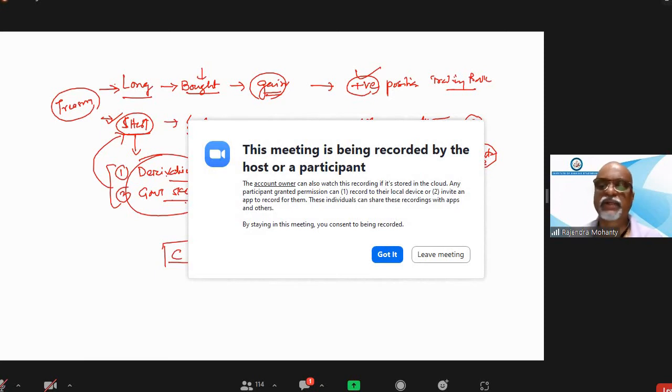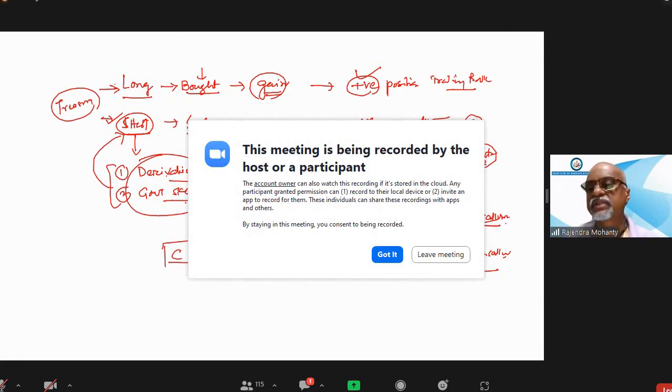Those two adjustments are called vertical disallowance and horizontal disallowance. So two adjustments are to be made: one is called vertical disallowance, one is called horizontal disallowance. Why is this vertical disallowance done?